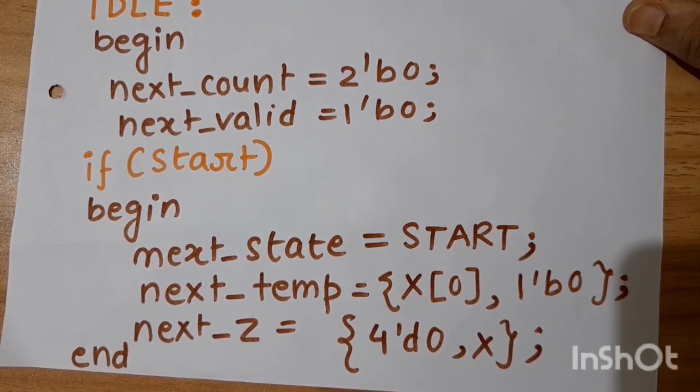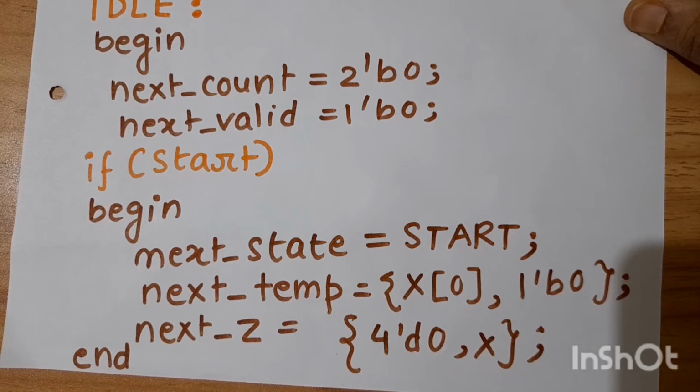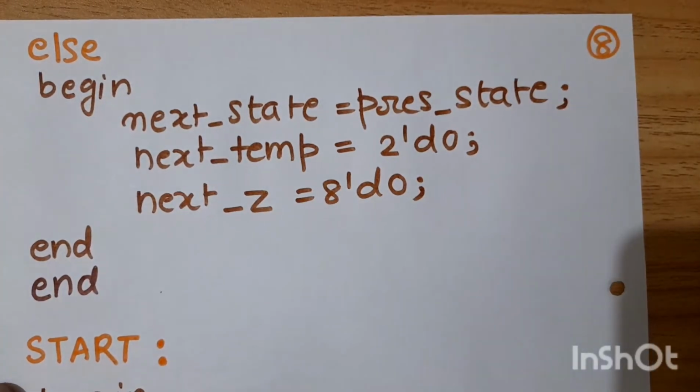We have gone through the flowchart of the Booth's multiplication algorithm. Please go through it again. You will be able to understand that A and Q minus 1 we are initializing to 0 at the start. Okay. Else statement in the idle state.